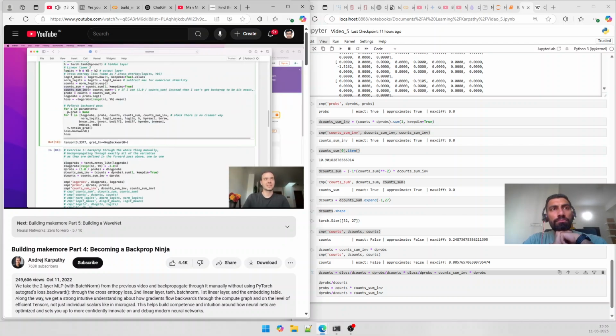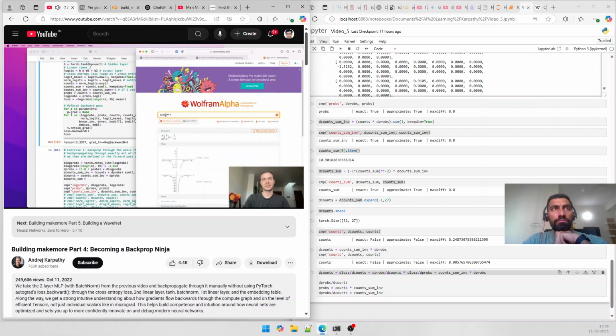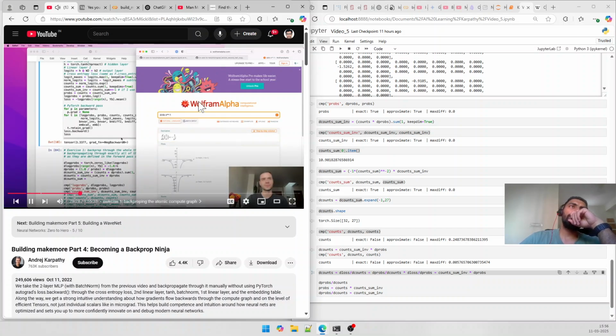Okay, so we're continuing with this branch. We have the derivative for count sum inv. Now we want the derivative of count sum. So d count sum equals, what is the local derivative of this operation? This is basically an element-wise 1 over count sum, so count sum raised to the power of -1. If we go to Wolfram Alpha, we see that d by dx of x to the -1 is negative x to the -2. Negative 1 over x squared is the same as negative x to the -2.